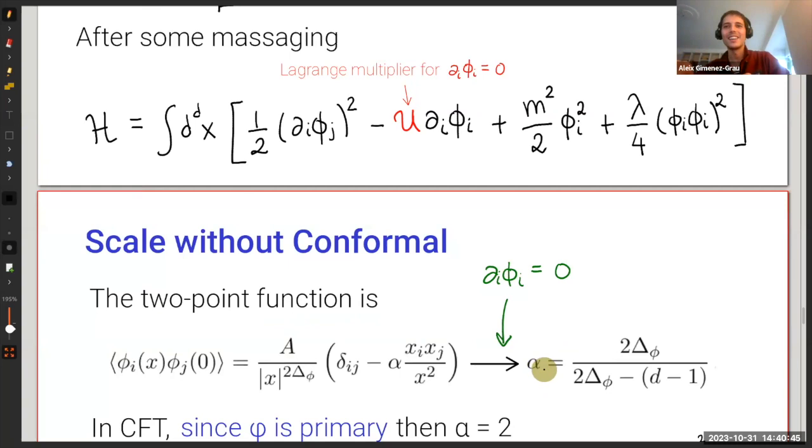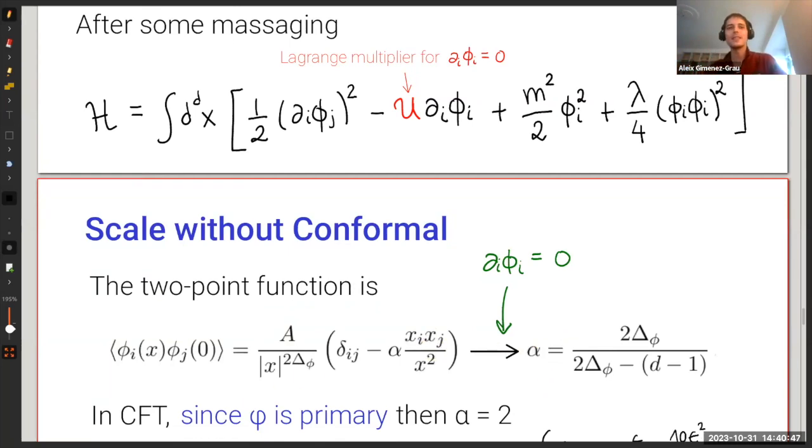Because remember that in CFT, if this fixed point that we are studying was a conformal field theory, then you would see that alpha has to be equal to 2. This is something that people do in introductory texts on conformal field theory, and they see that conformal invariance fixes this number to be 2 if phi is a primary operator.